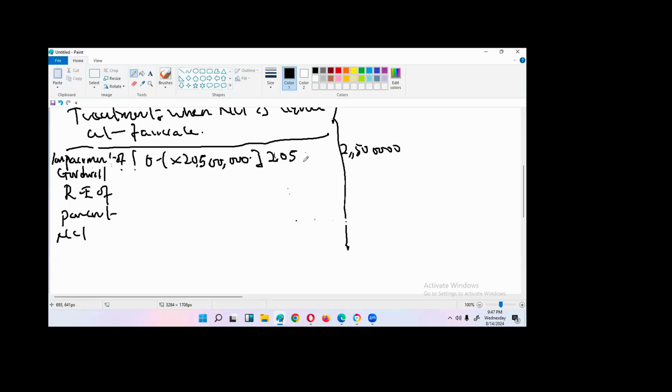Now, out of this, parent will collect 0.75 of 2050. NCI will now collect 0.25.